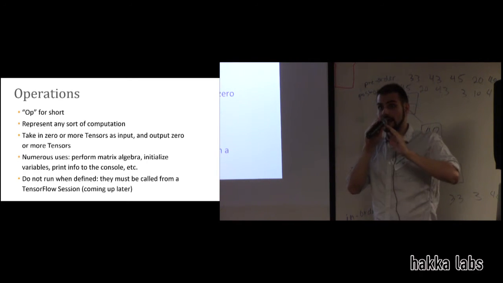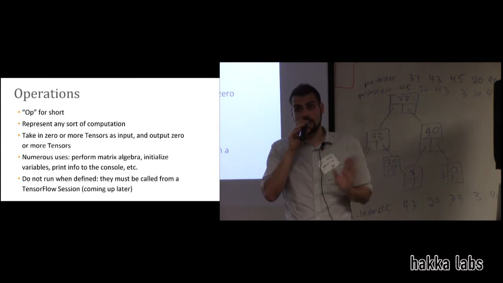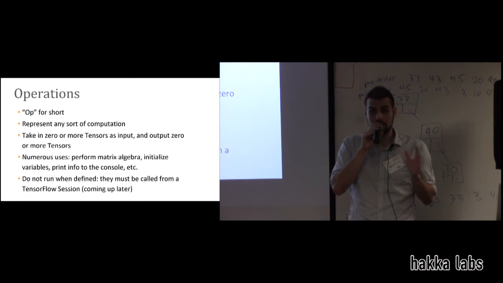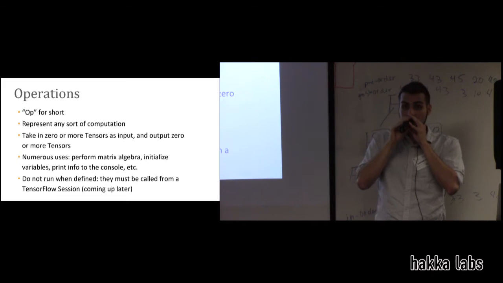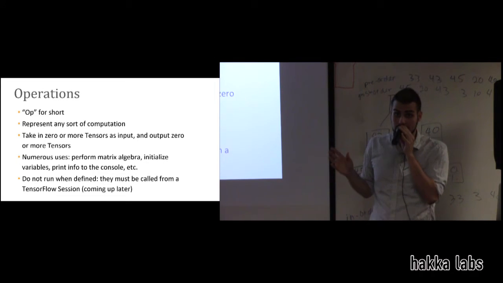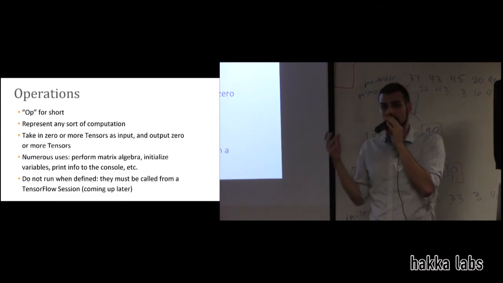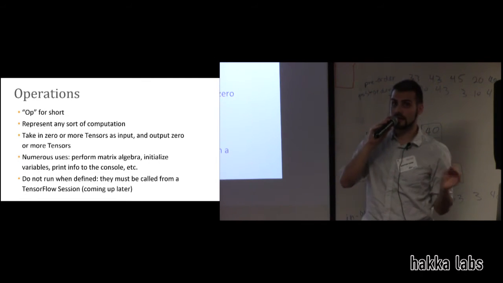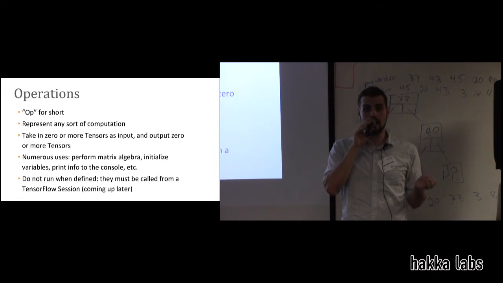They can do something that has nothing to do with math itself, but may initialize variables. They may do other operations that affect the graph in one way or another. But the main idea is that you pass in 0 or more tensors, they return 0 or more tensors, and the big thing that may catch some people off is that they don't immediately execute.